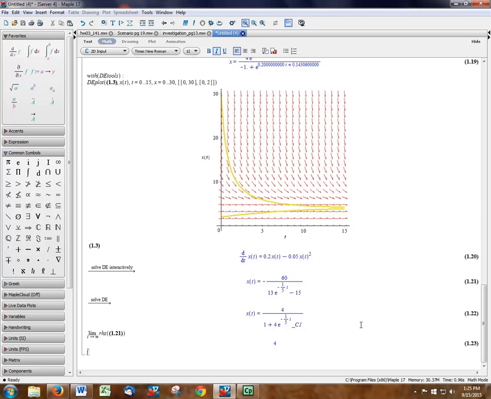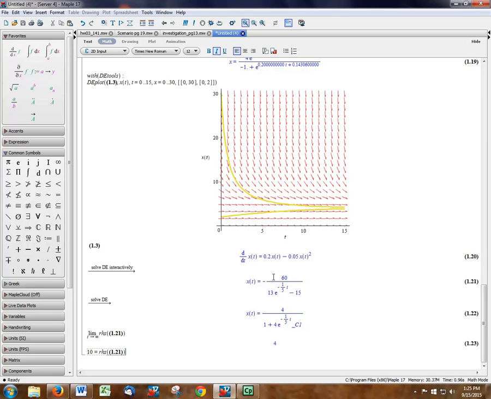The next thing you're going to have to do is take your solution here, at this particular initial condition, and figure out how long it's going to take to get down to, let's say, 10. So to do that, I need to take my solution and set the population to be 10 at Control L 1.21, the right-hand side.